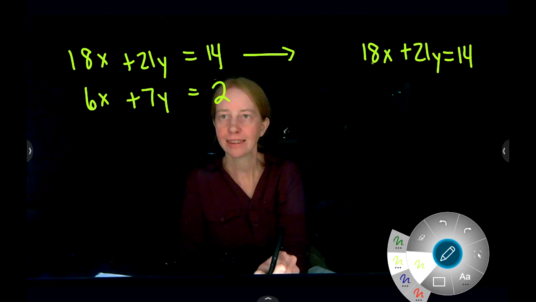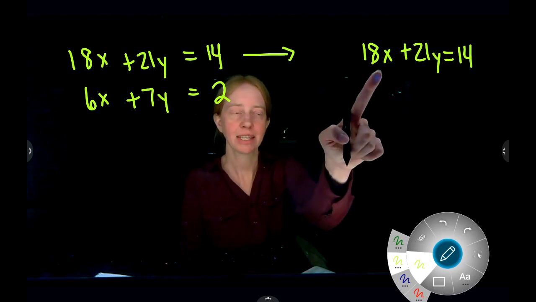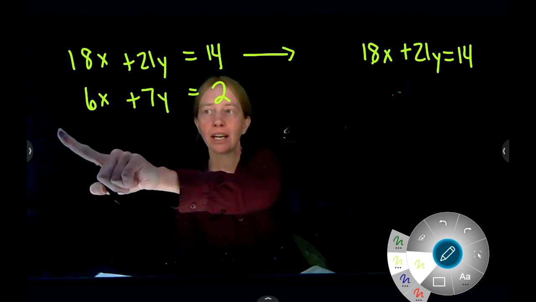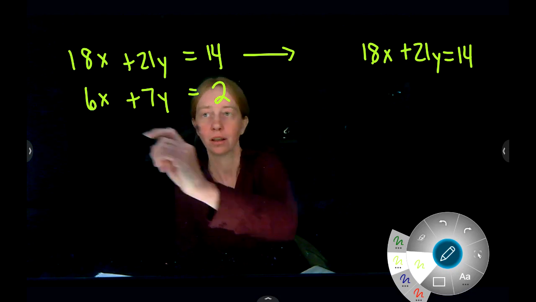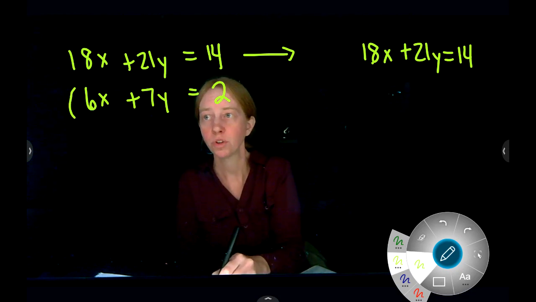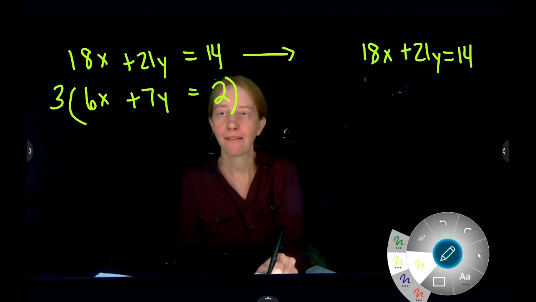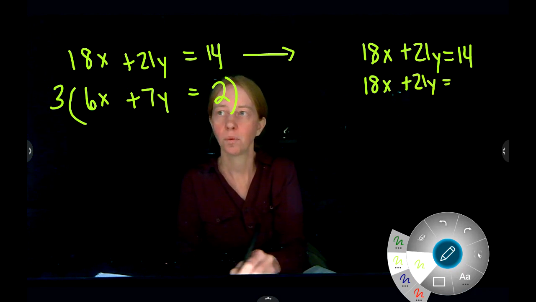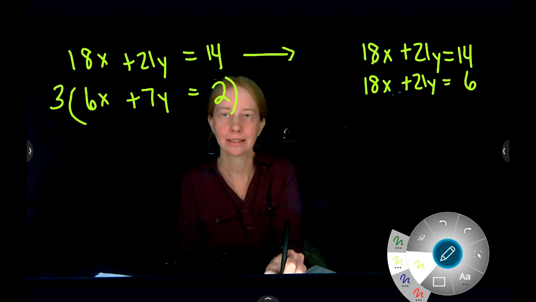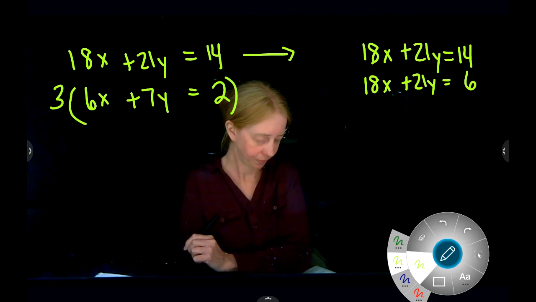And see, I'm looking at this 18x and I'm thinking to myself, well, how can I make this 6x match it? If I wanted to do that, I would multiply this equation by 3. So now I have 18x. 3 times 7 is 21y equals 3 times 2 is 6. Okay.